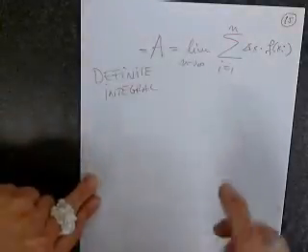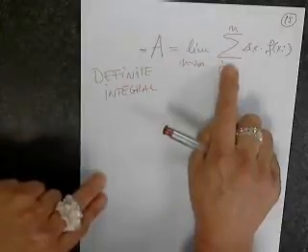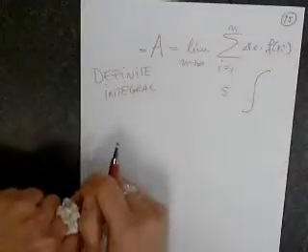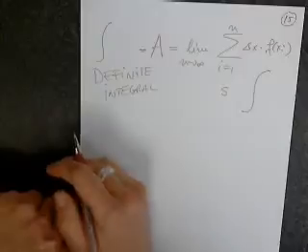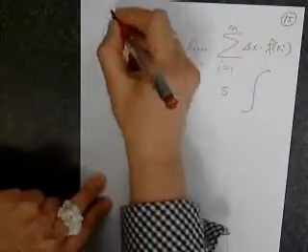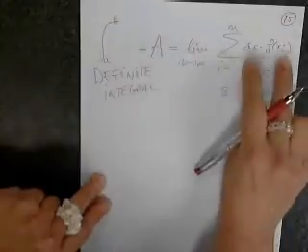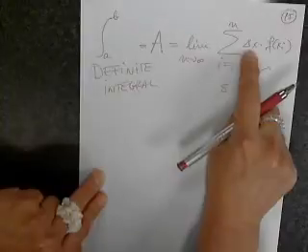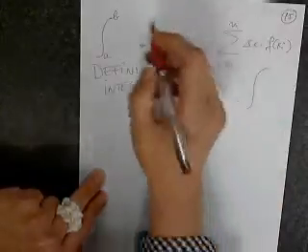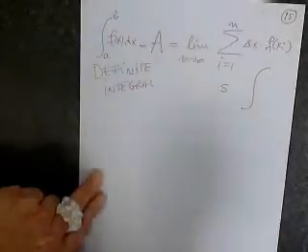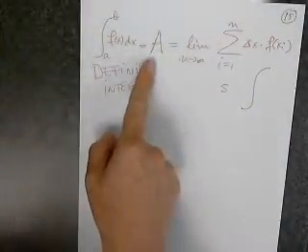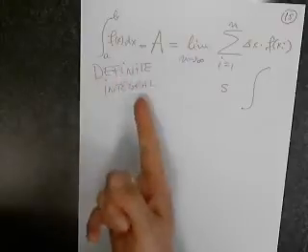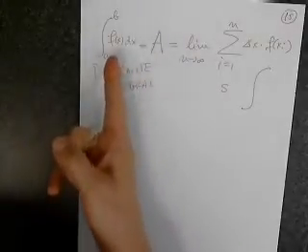Here's the notation: it's the Latin S, and it doesn't look like this, but it looks like this, between a and b. It's f of x, but instead of delta x, we write dx. So the area can be calculated with the limit of the Riemann sum, or with a definite integral. But now how do I calculate this?